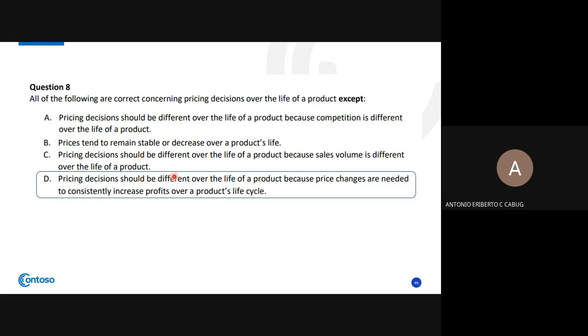Pagkakitaan mo yung mga gustong-gusto yung products mo. Okay? Kapag pinaglumaan na, babaan konti. Kasi meron na ring darating mga copycat. Okay? So, when it comes to pricing decisions, you're going to make changes, no? The best answer is letter D. Hindi stable yung pricing, no? When you look at it at a longer time frame.